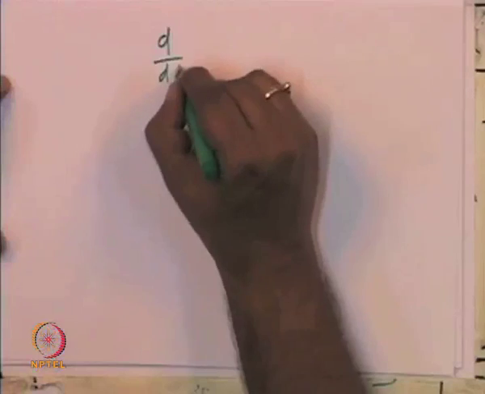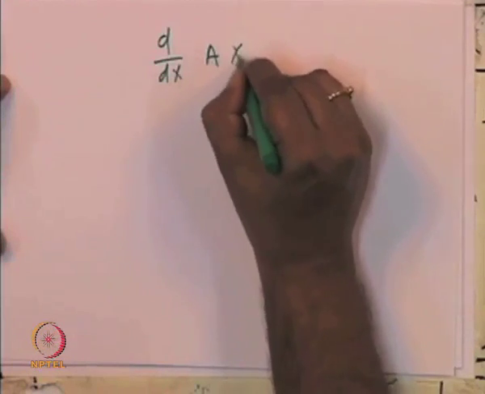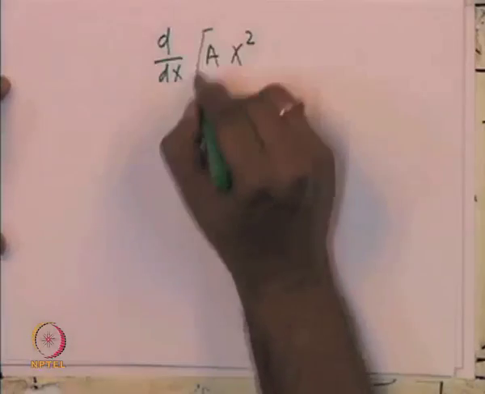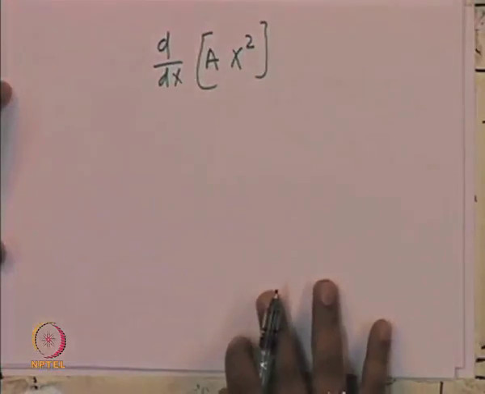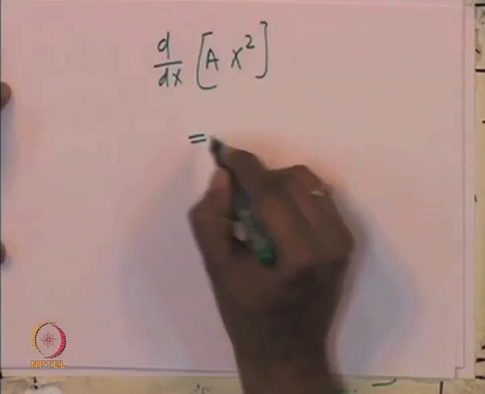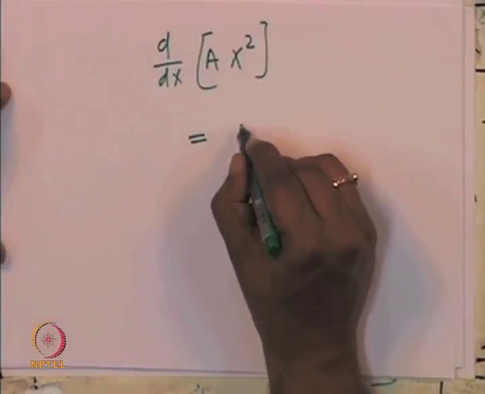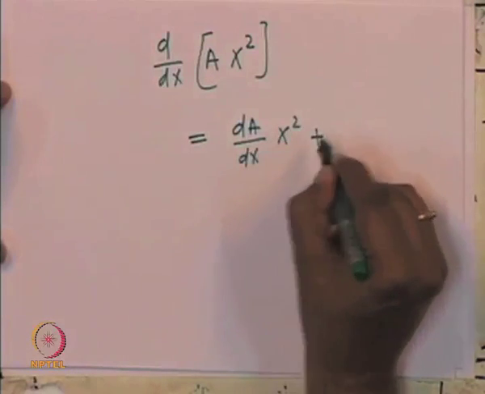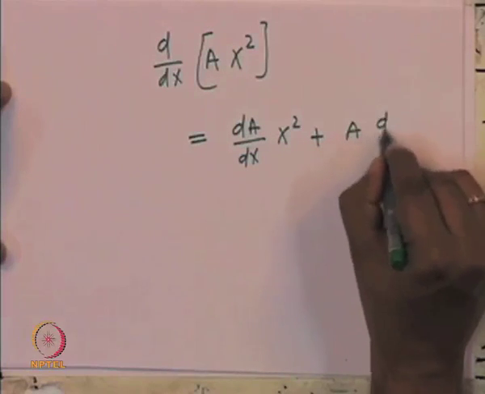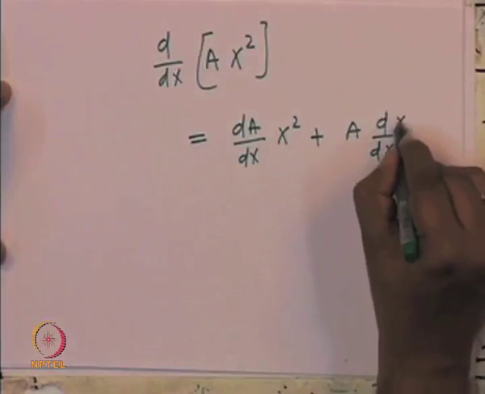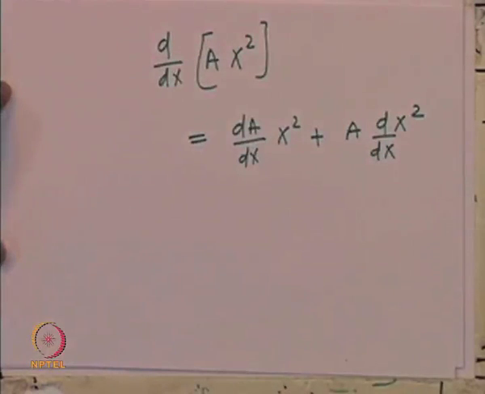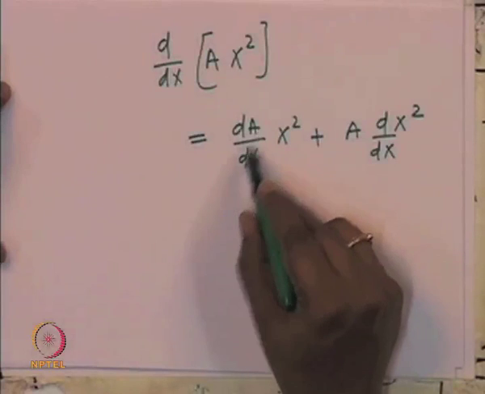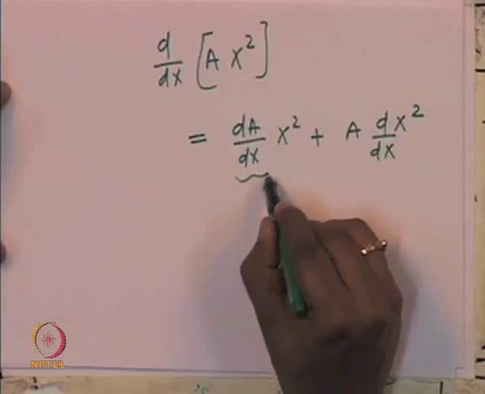You can extend this. You can say d by dx of a x square, where a is a constant. You can write this as dA by dx into x square plus a times d by dx of x square. As I said, a is a constant, so the derivative of a is 0.